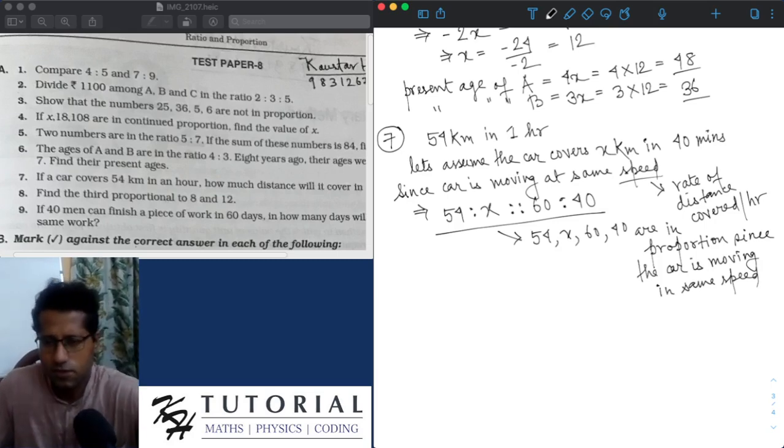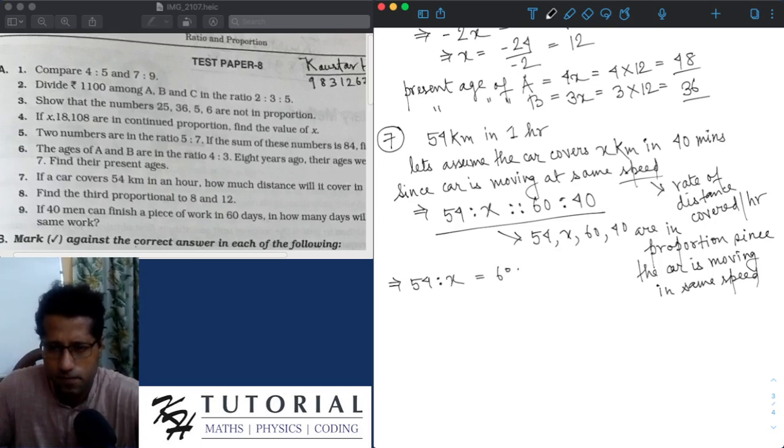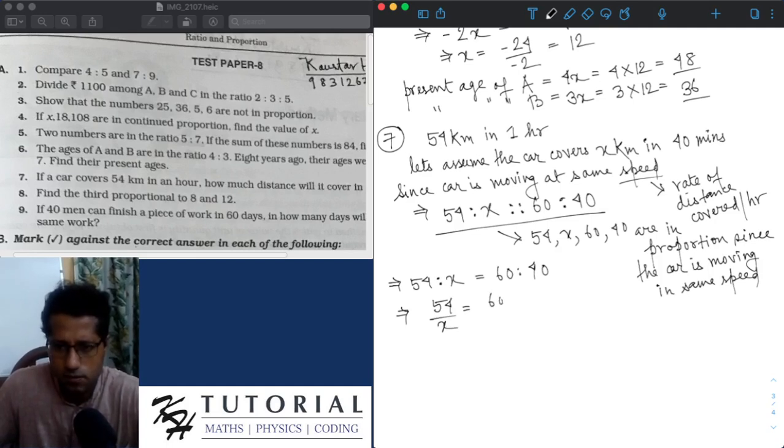So now, from the concept of proportion, 54 is to x will be equal to 60 is to 40. This implies 54 by x equals 60 by 40.